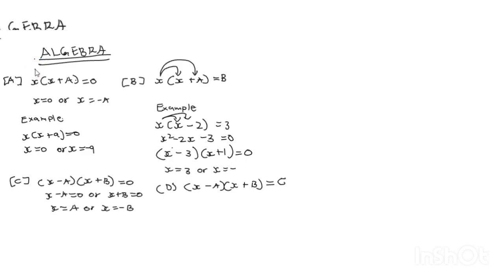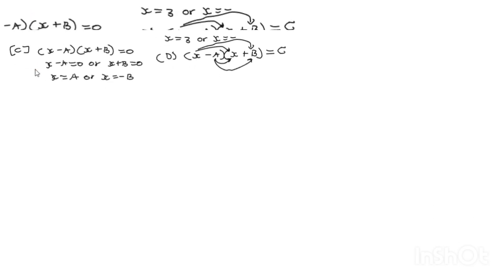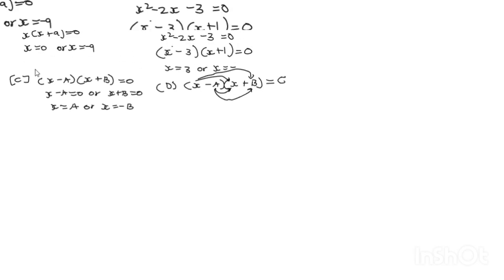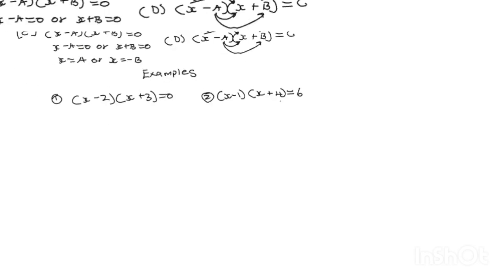So here you are required now to expand the brackets. Why are you required to expand the bracket? Because it is not equal to 0, but it is equal to a number. So let us do some examples about these ones.